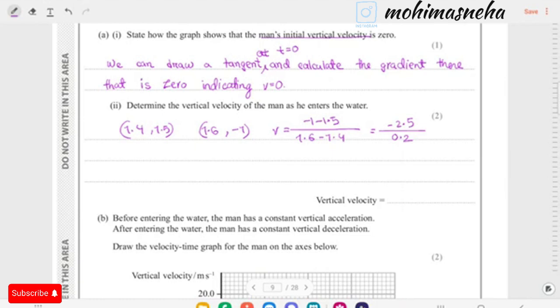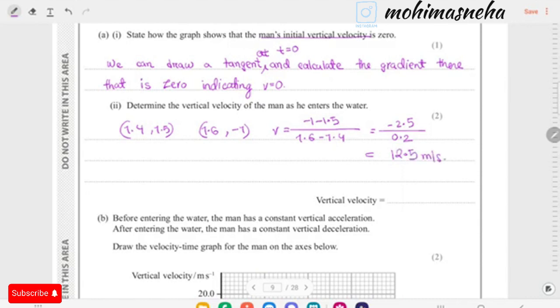But no need to focus on that negative value, because obviously it will be negative since it was in the downward direction. You just want to find the magnitude, so it will be 12.5 meters per second.